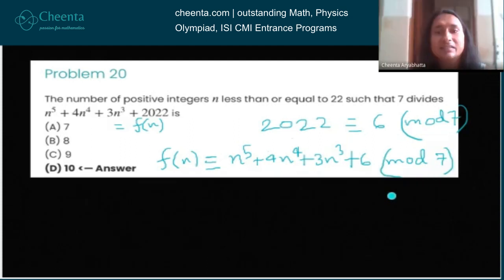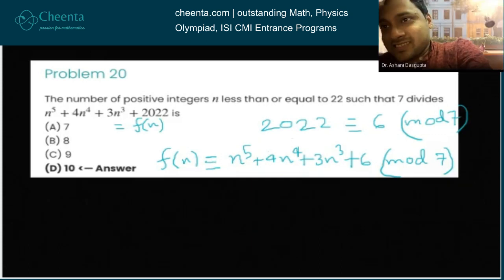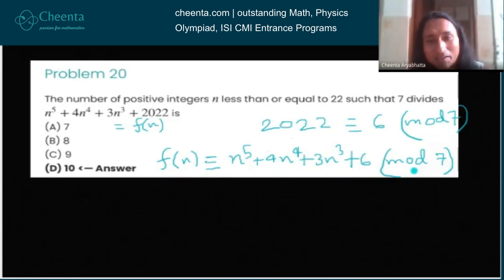This is the first simplification. We got rid of 2022, which is clearly a reference to the year we are in. It has no real significance apart from that. Now it became plus 6.